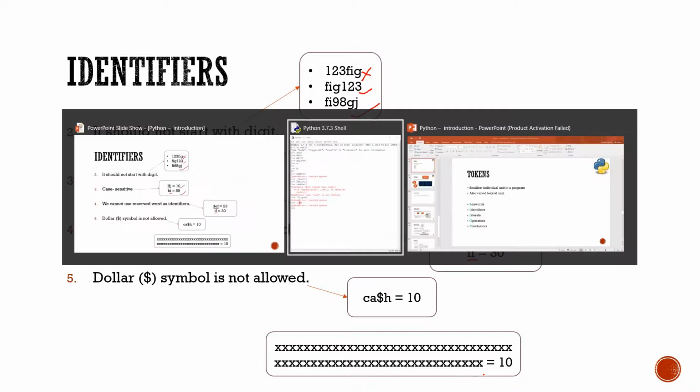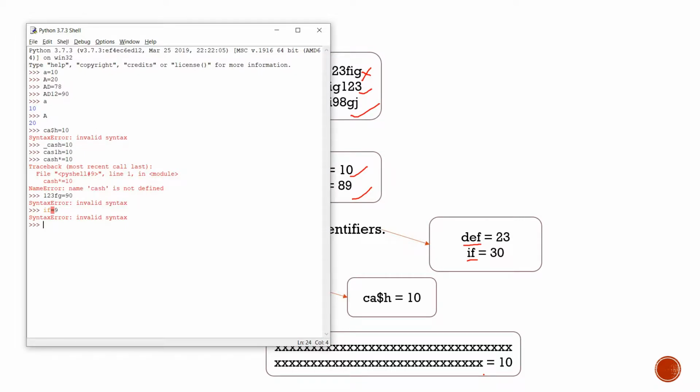Let us try. I am writing here continuously. And now I am writing equal to 10. Yeah, it is taking it. So in Python, an identifier can be of any length. It is an undefined length.